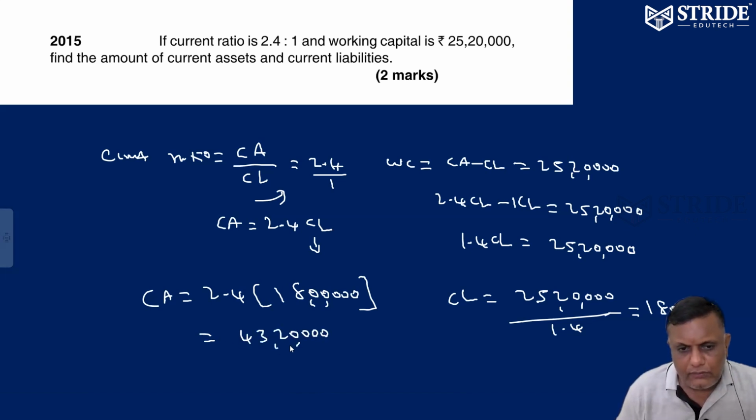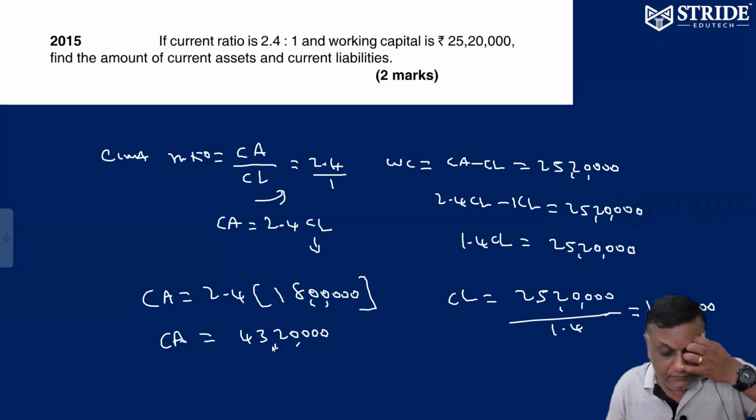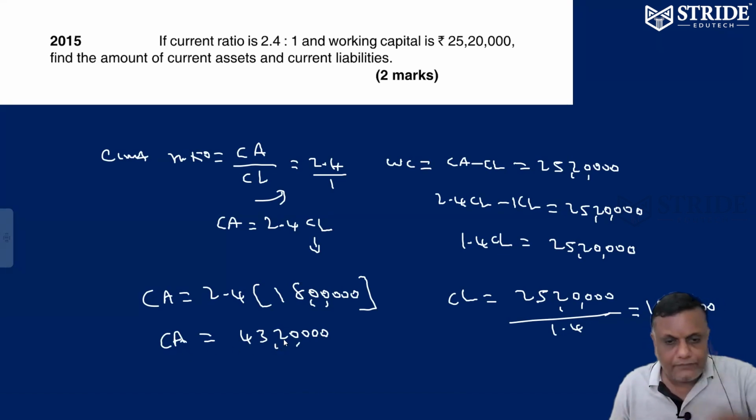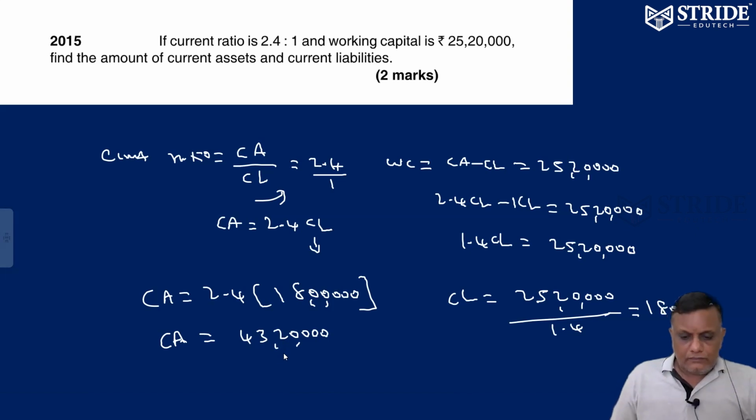Now this is going to be current asset. So 43,20,000 current asset. So the question was current asset and current liability.